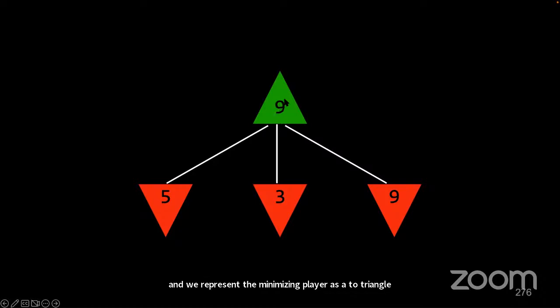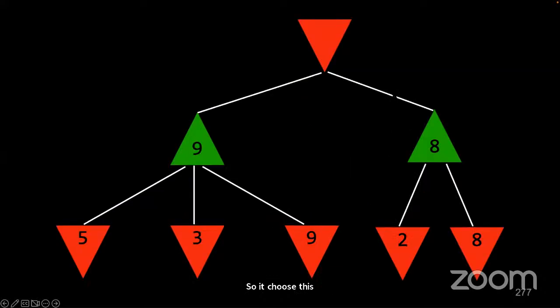In order to know which action is optimal for the maximizing player, it considers these three states of the minimizing player, and from these three it sees that 9 is the maximum value, so it chooses this action as its next operation.